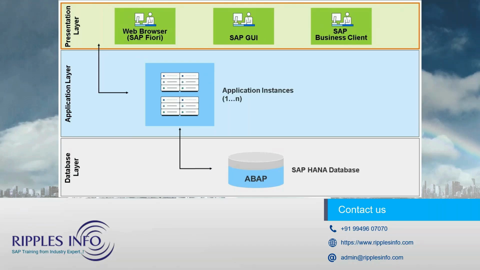So Fiori is now the primary presentation layer, designed to provide a role-based, adaptive user experience for SAP applications. They have something called Fiori Launchpad, which has the capability to render screens created using different tools.